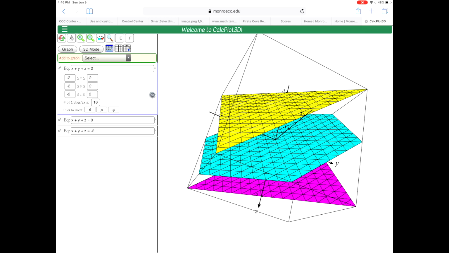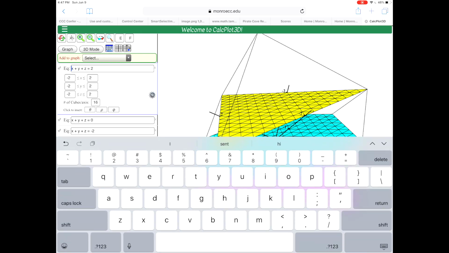So if I made this top one, if I multiply it by 2, and then -4.